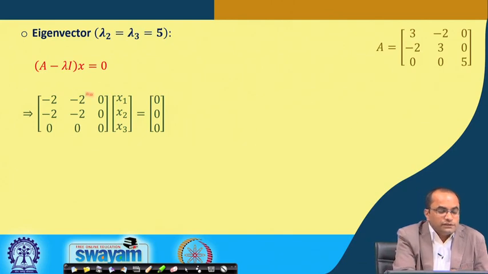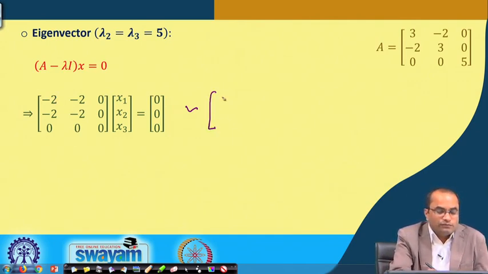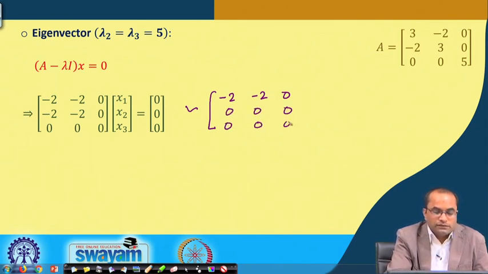We can reduce this to row reduced echelon form very easily. When we subtract row number 1 from row number 2, we will get 0 0 and 0 here, again this is 0.